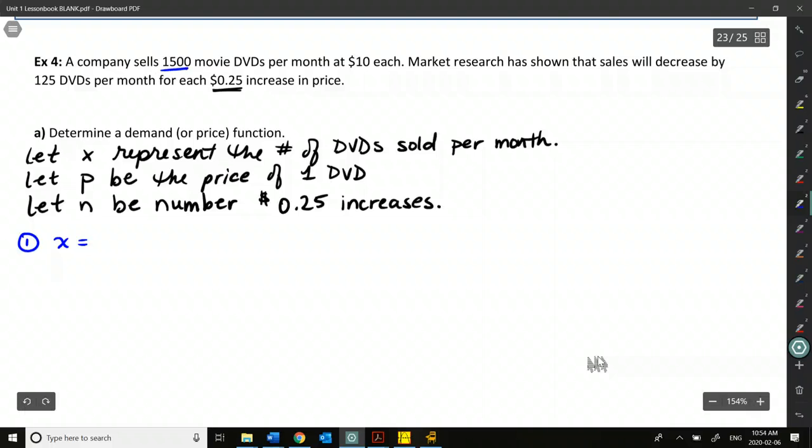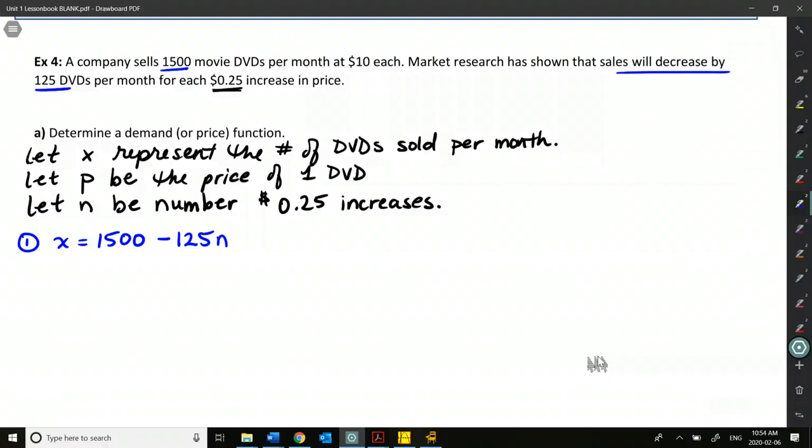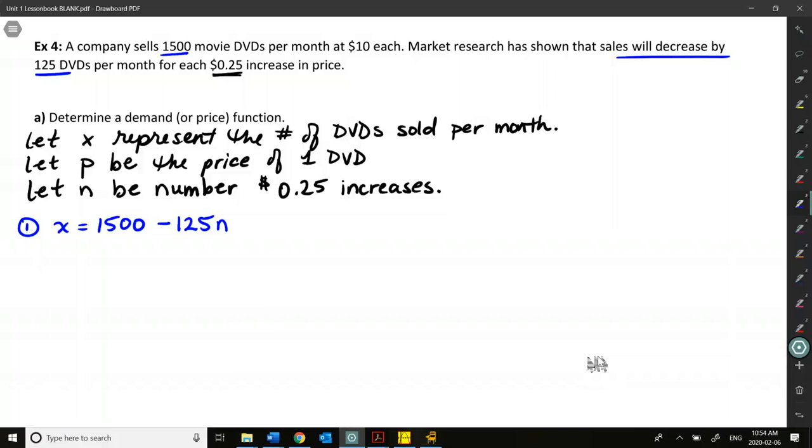They're going to sell 1,500 DVDs, but every time they increase the price 25 cents, sales will decrease by 125 DVDs. So we're going to subtract, because sales are decreasing with every 25-cent increase, times the number of increases that we've done. That's our first equation.